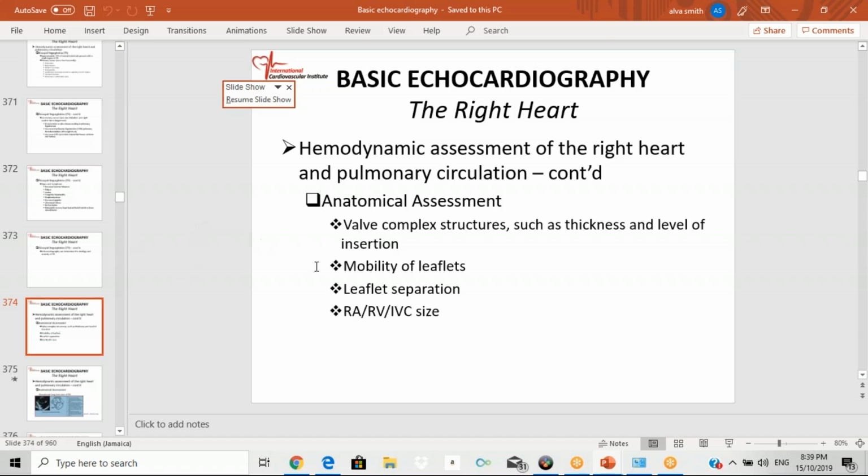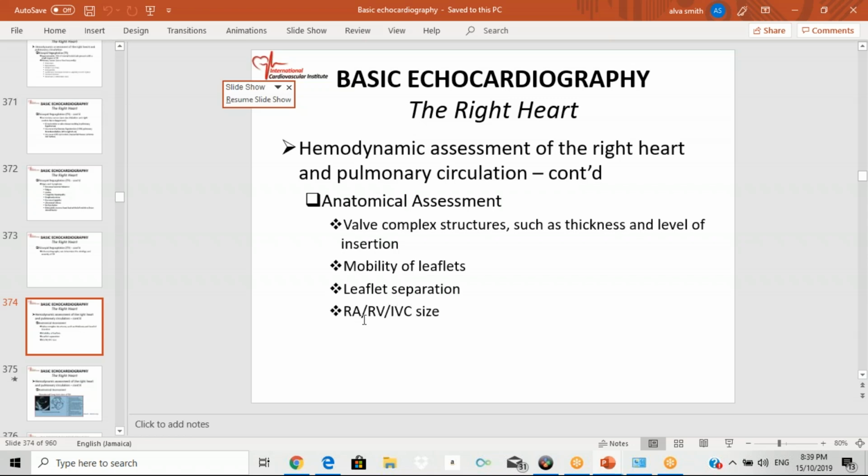You want to look at the leaflet mobility. Again, if the leaflets are fixed in position from, say, carcinoid, you know you're going to get significant regurgitation and stenosis. If the RV is dilated, you know the leaflets are not going to co-opt properly, and you're going to get significant amounts of tricuspid regurgitation.